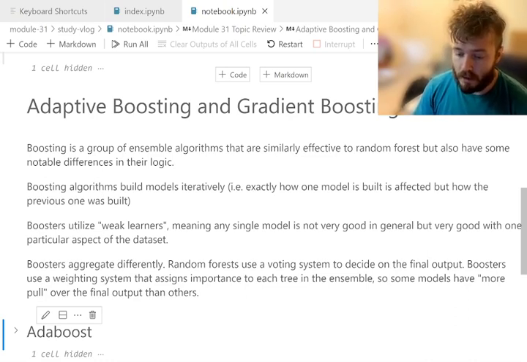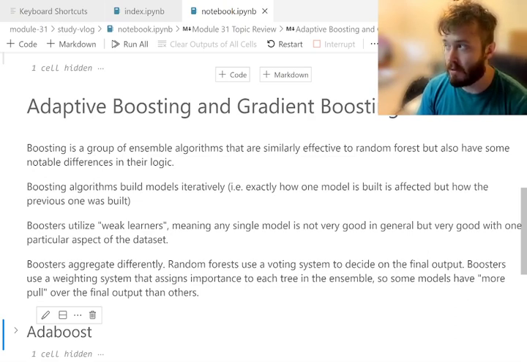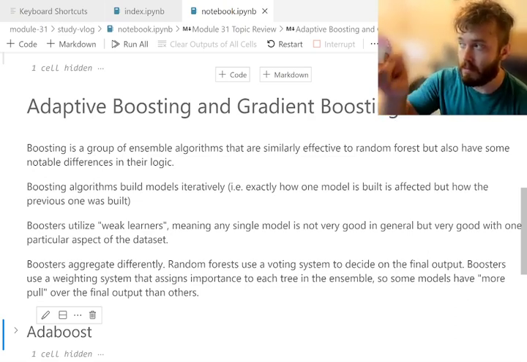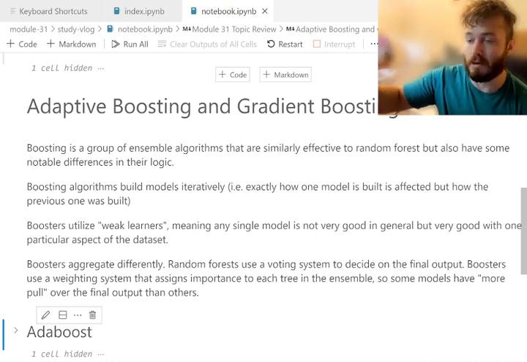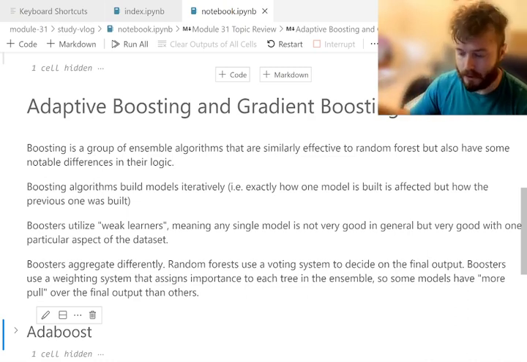Versus boosting algorithms, they weight the importance of the predictions of each. So you have 10 different models in your boosting algorithm, and different models within the ensemble are weighted to be more or less important than others.